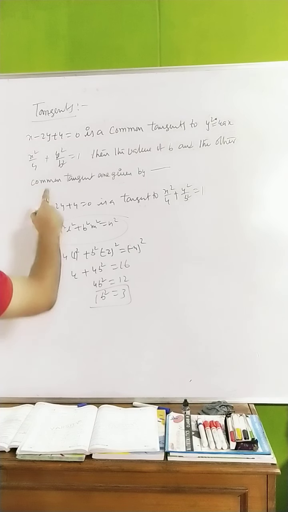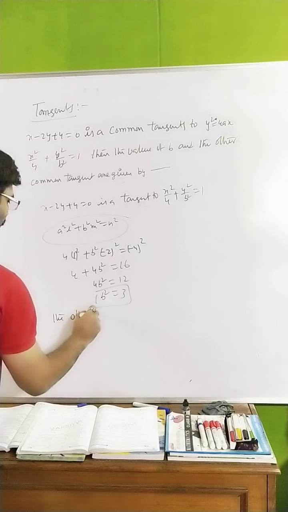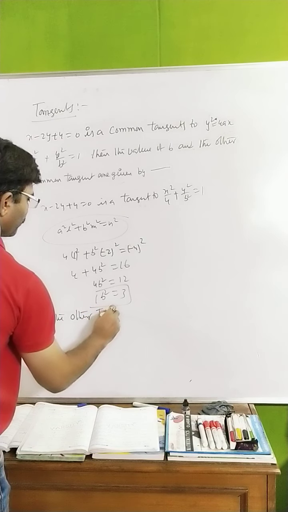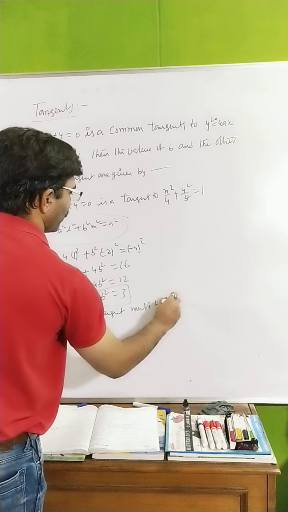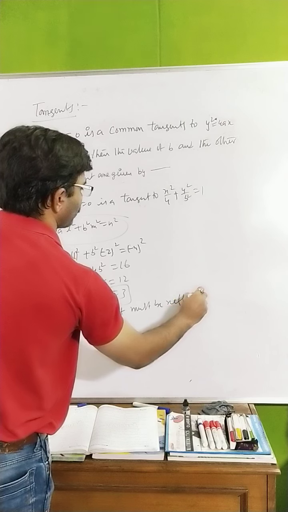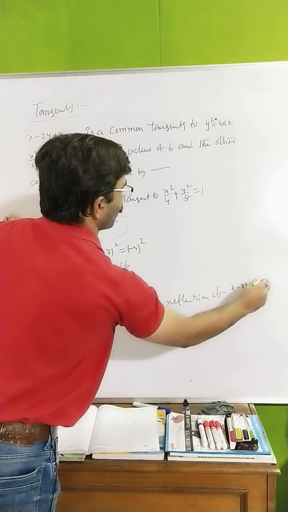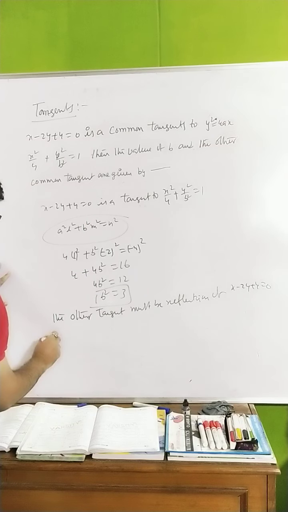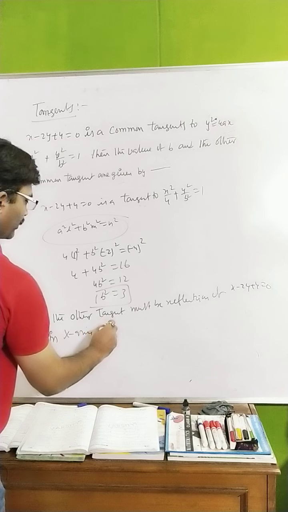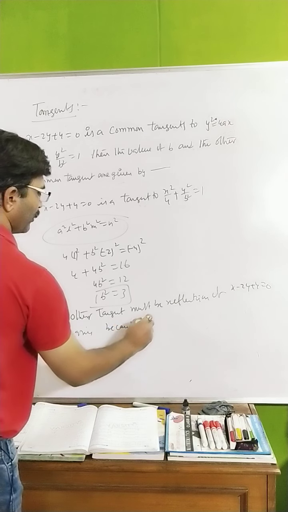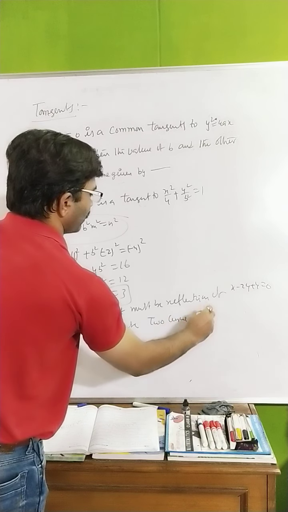See, we are supposed to find the other tangent. It must be a reflection of x minus 2y plus 4 equal to 0 in the x axis, because the two curves are symmetric.